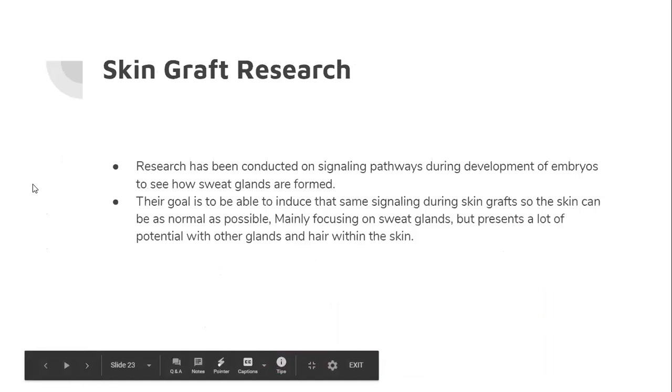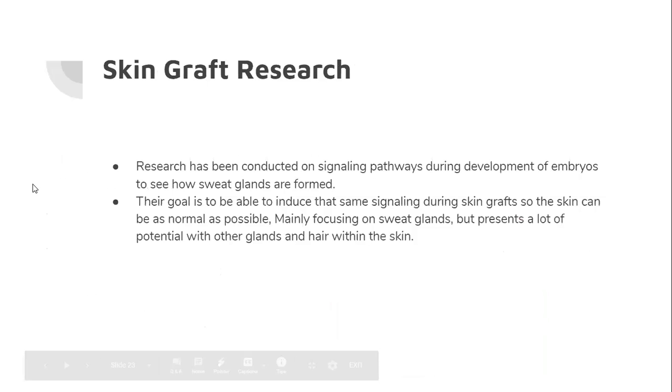So skin grafting research, I didn't want to include a picture because the skin grafts were pretty gnarly, but there's some research being conducted on the signaling pathways as far as how the sweat glands develop.